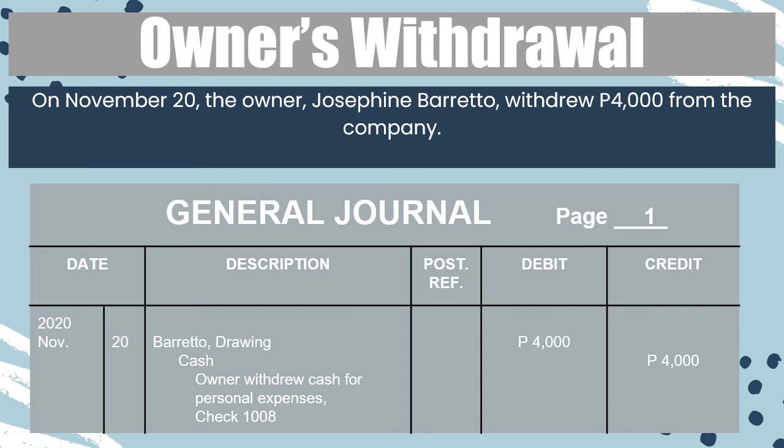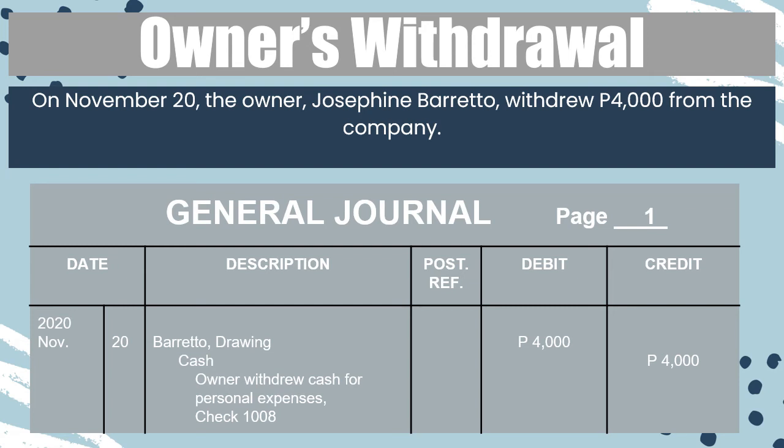Pero, ang drawing kasi is contra account of owner's equity. Kaya, ang increase na drawing ay under ng debit at ang decrease ng drawing naman ay under ng credit kasi contra account siya ng owner's equity.